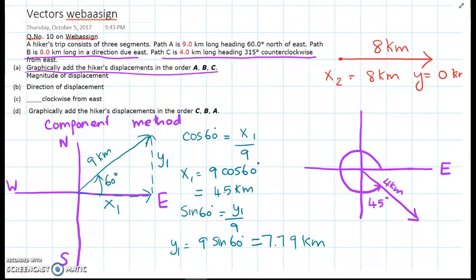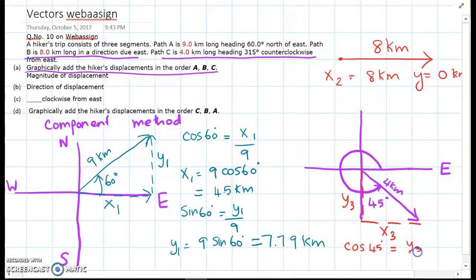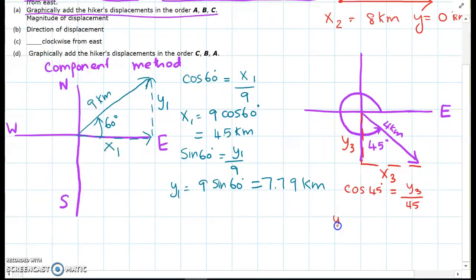So now let's split this into components along the y and along the x. So this will be our x3 and this will be our y3. Again, using sine and cosine ratios, cosine 45 is adjacent over hypotenuse, so y3 over 4.